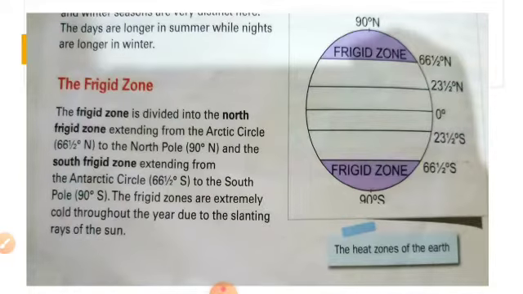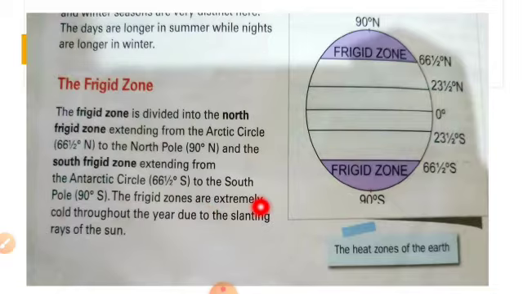The next one is the frigid zone. The frigid zone is divided into the North Frigid Zone, extending from the Arctic Circle, 66 1/2 degrees north, to the North Pole, 90 degrees north, and the South Frigid Zone, extending from the Antarctic Circle, 66 1/2 degrees south, to the South Pole, 90 degrees south.